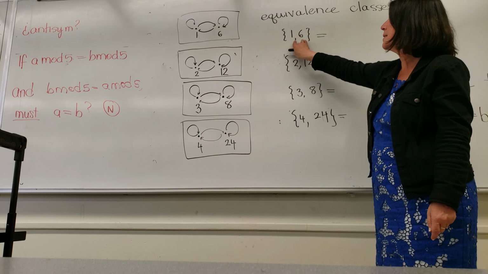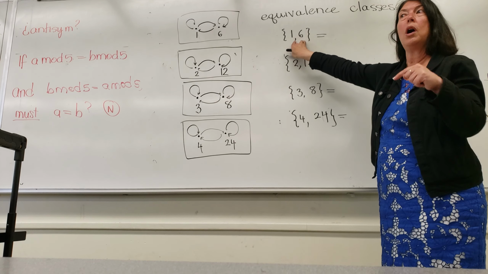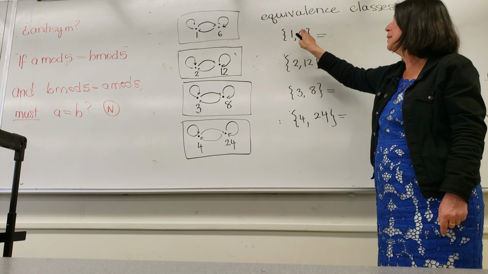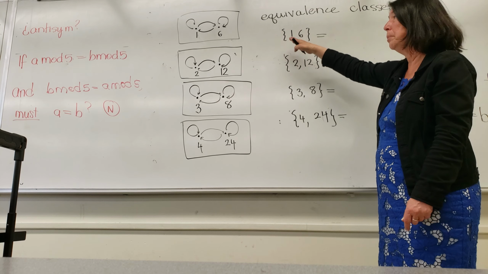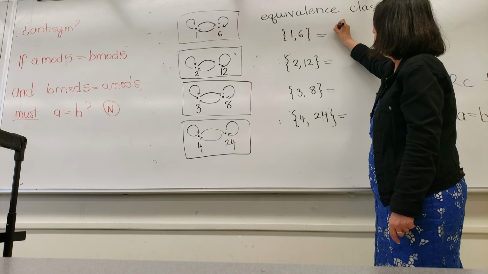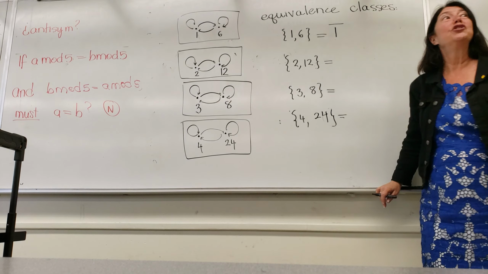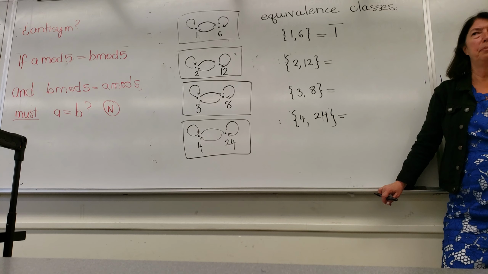So the 1 and 6 say, okay, I want to represent all the numbers whose remainder is 1 when we divide by 5. The representative could be 6, it could be 1, it doesn't matter. Our book is always going to pick 1, and your book is going to write this way. That was a lot of talking for an hour and a half to be able to put that line over the top of the 1.